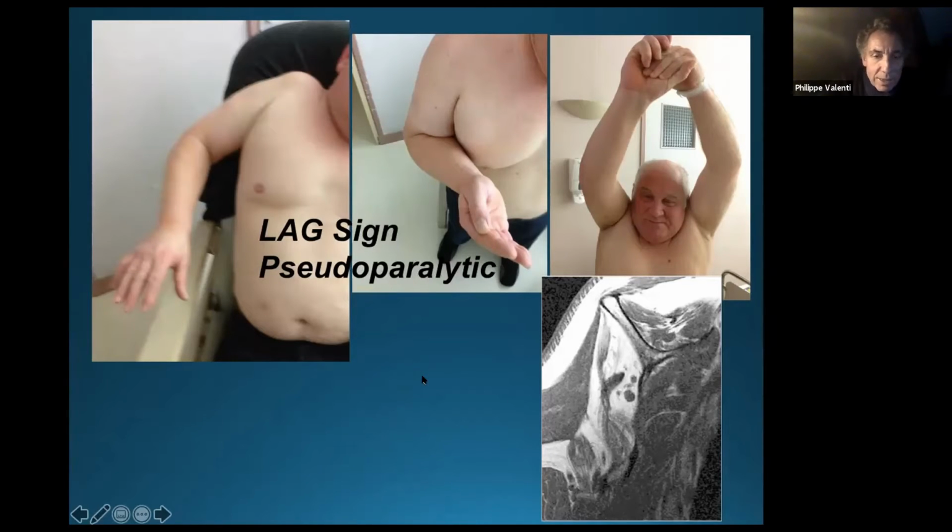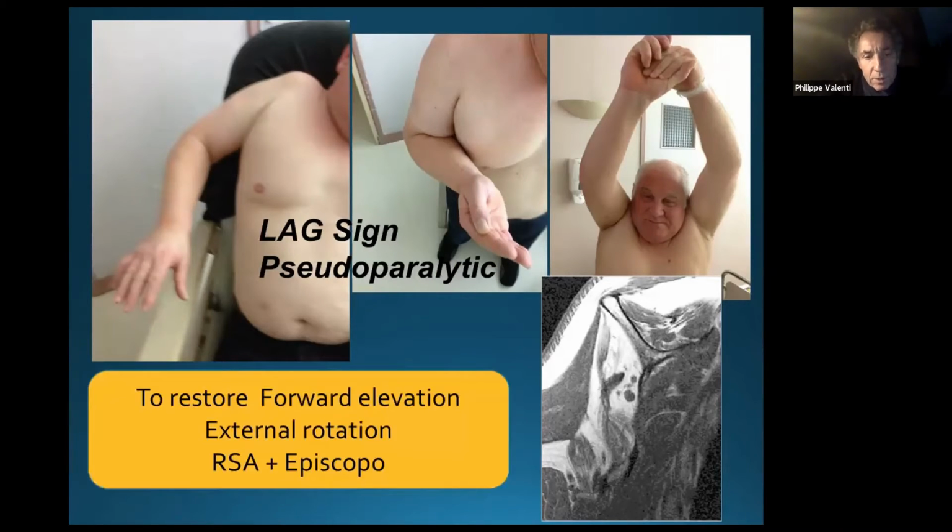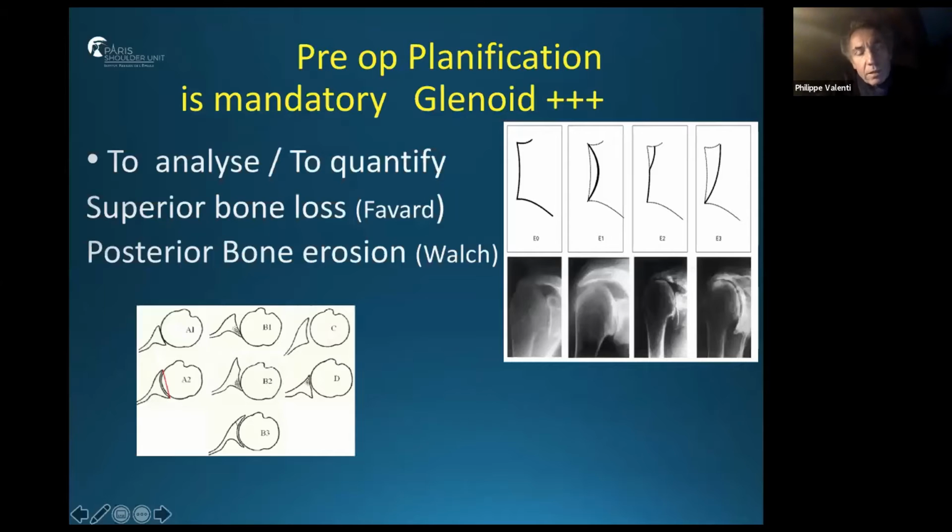It's evidence that if you do only a reverse arthroplasty, you don't restore any external rotation. And in this kind of patient, you have to combine an episcopal procedure, latissimus dorsi or latissimus dorsi plus teres major, around the humerus.